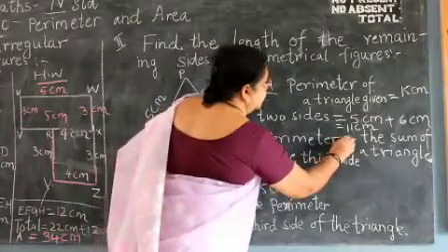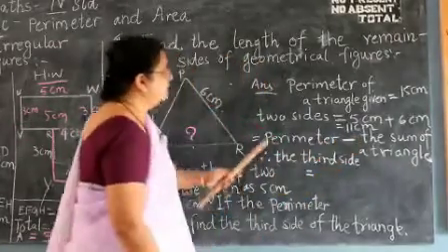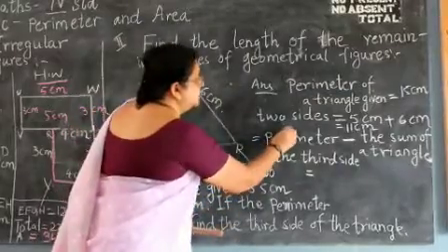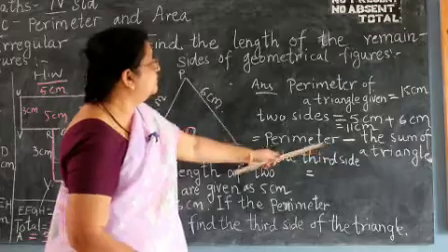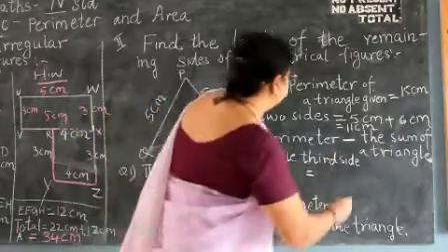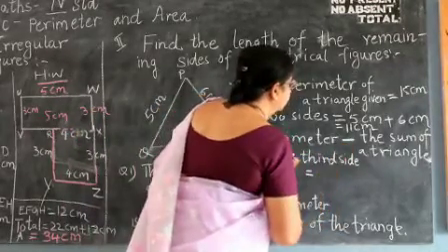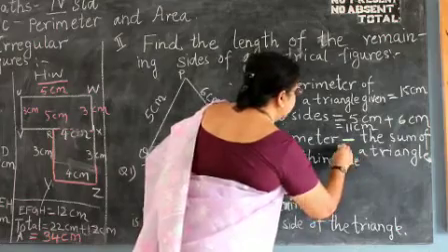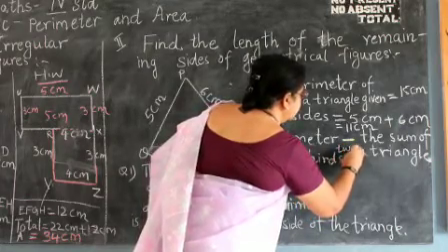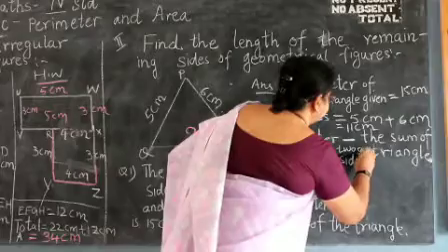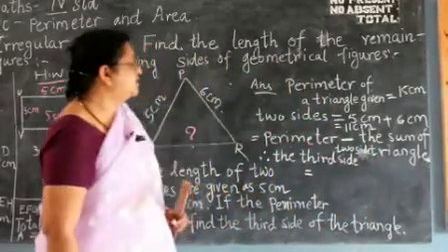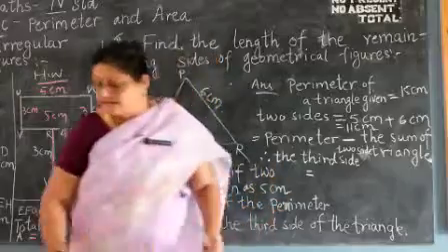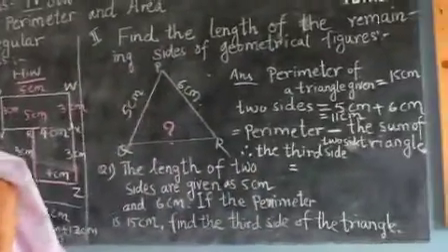See here, minus. Okay, perimeter minus sum of two sides of a triangle. Now how will you write the two sides of the triangle?